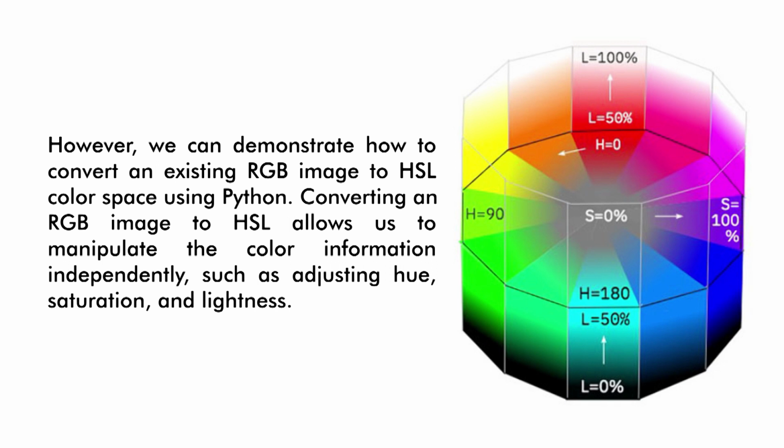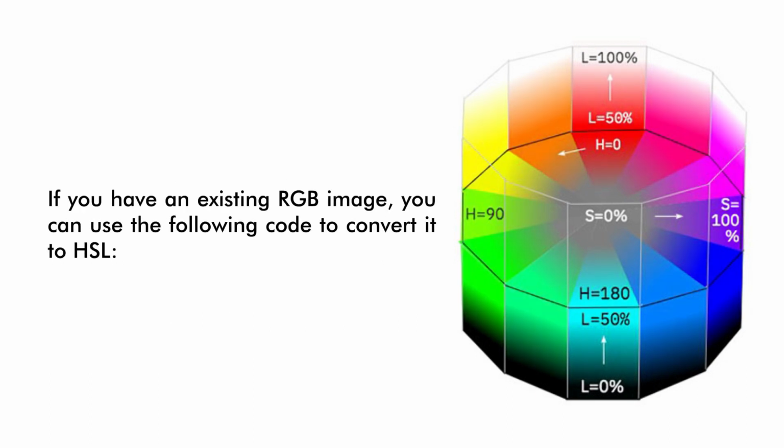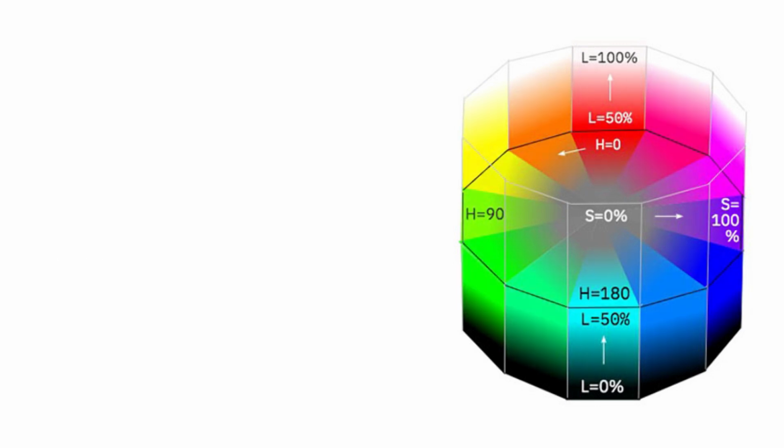Converting an RGB image to HSL allows us to manipulate the color information independently, such as adjusting hue, saturation and lightness. If you have an existing RGB image, you can use the following code to convert it to HSL.